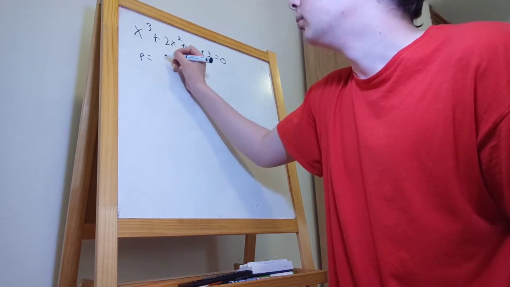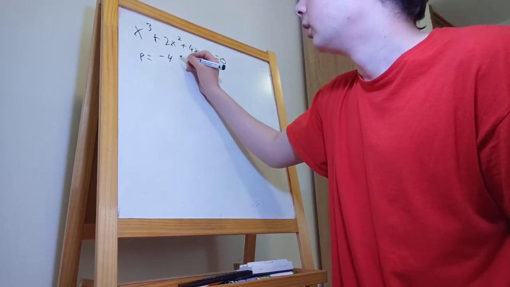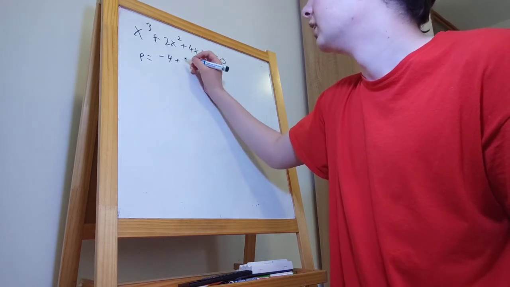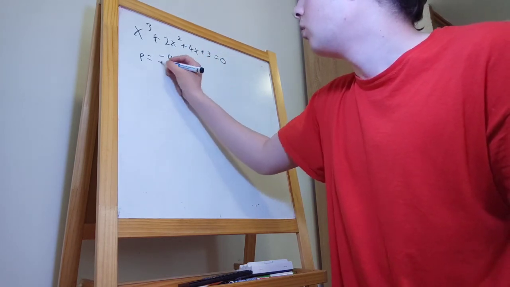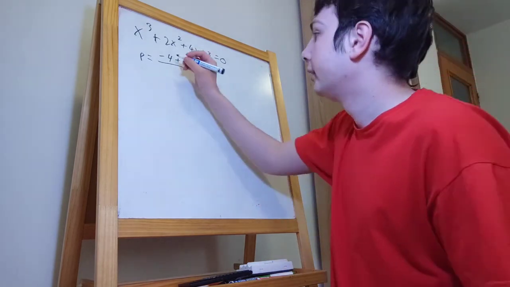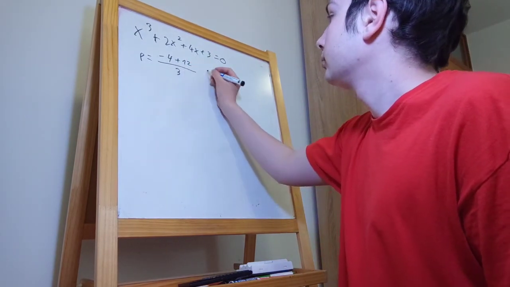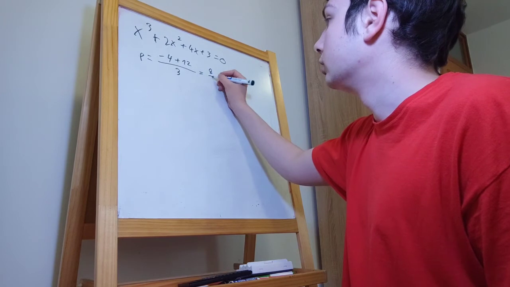Set p equal to minus b squared, that's 4, plus 3ac, that's 12, over 3a squared, that's 3, and this gives us 8 over 3.